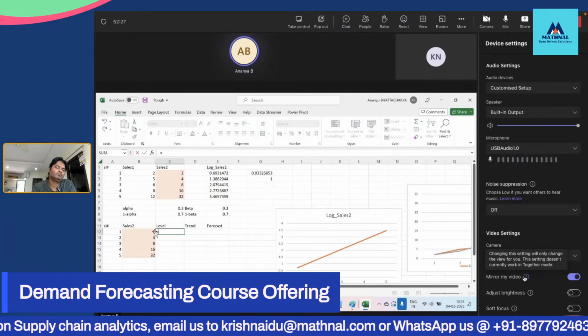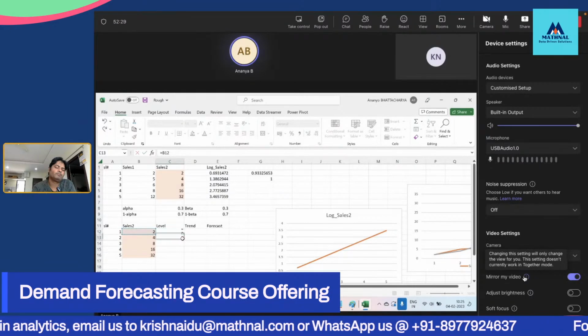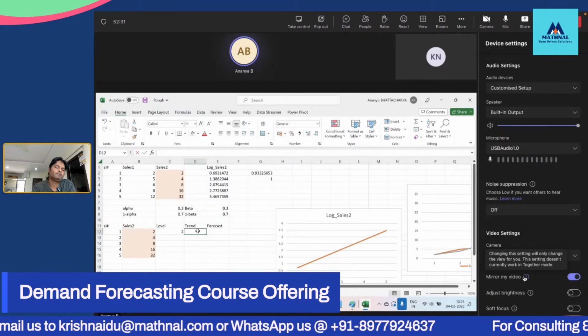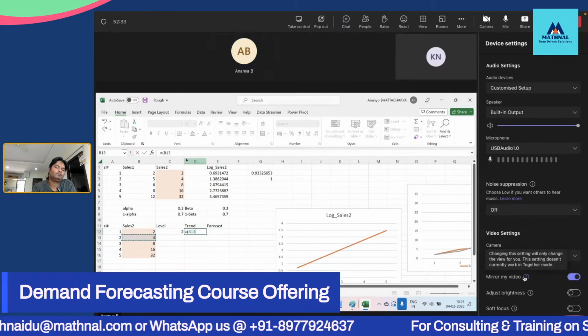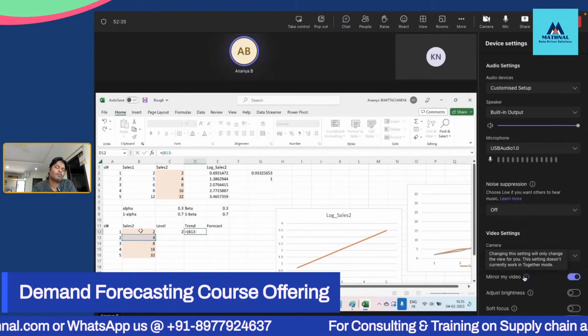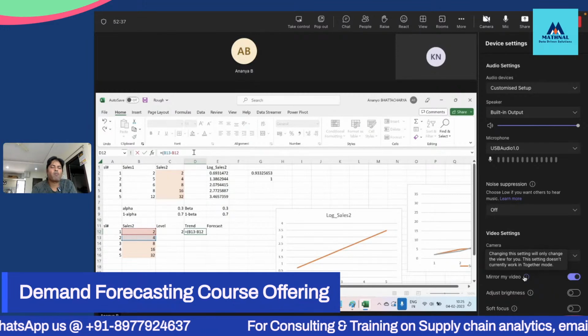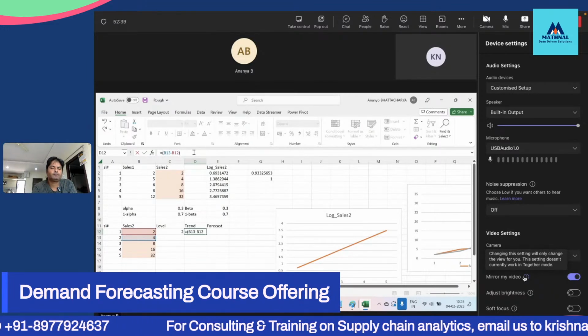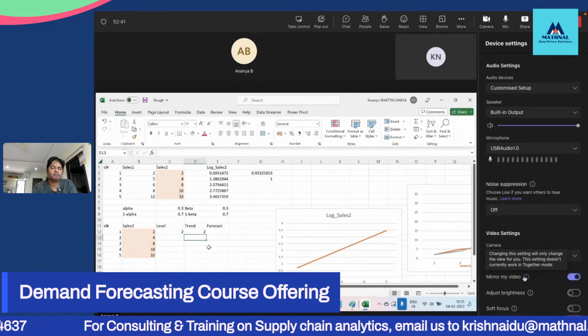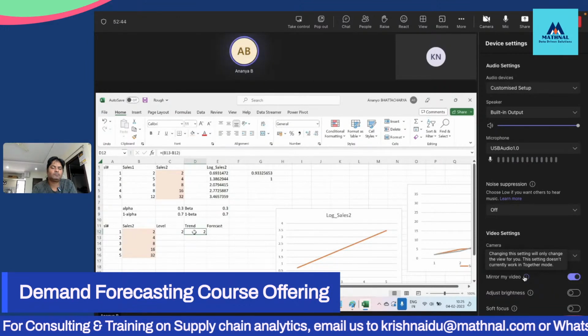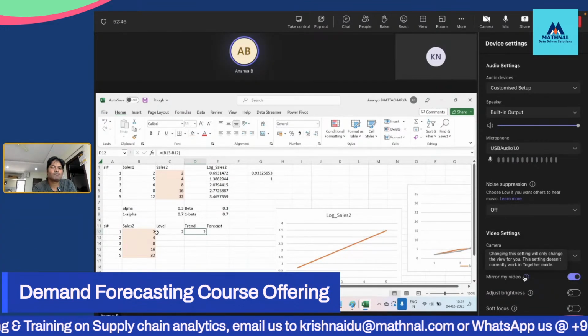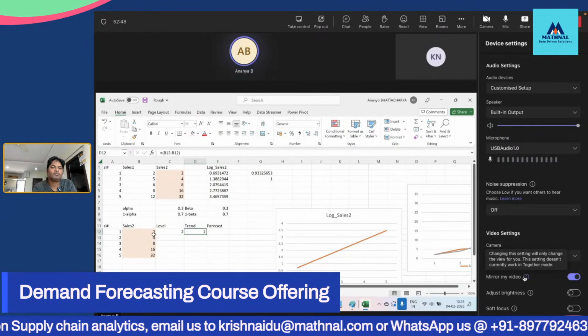For the first level, I just copy the cells. This trend over here would be the difference between these two. Sir, is this the right trend? For the very first trend, I'm doing 4 minus 2.